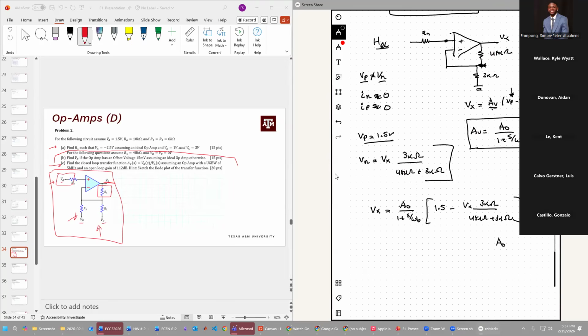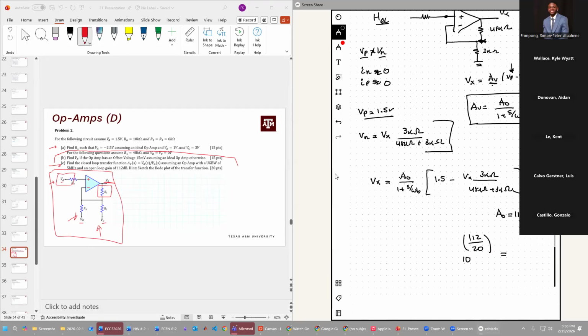Our open loop gain was given to us as 112 dB. We're going to have to convert this from dB to volts per volt. So this will be 10 to the power of 112 divided by 20. Can anyone plug this into the calculator real fast?